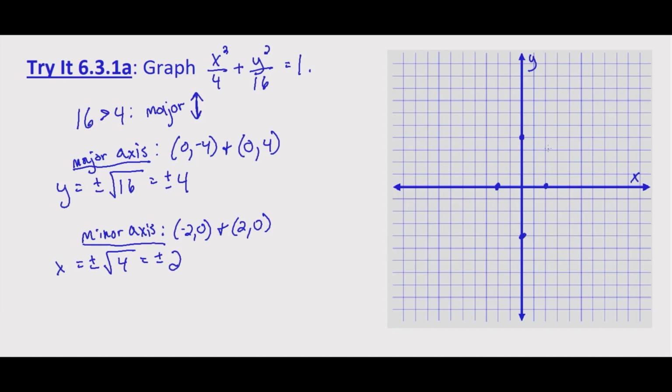But we would end up with decimal approximations more than likely. So our vertices suffice. And again, we're at (0, 4), (0, -4), (2, 0), and (-2, 0). And then we just connect the dots for our ellipse.